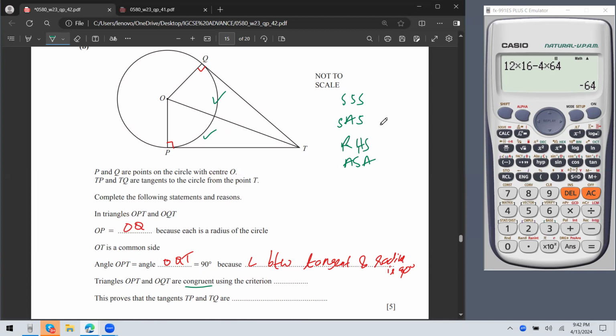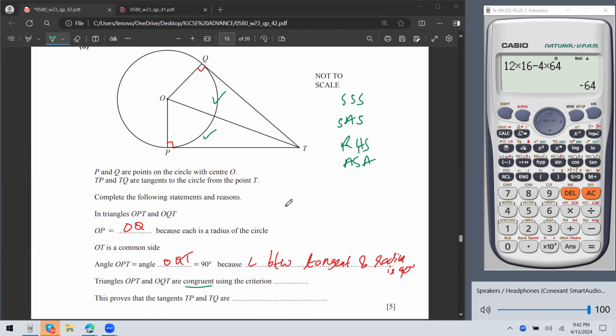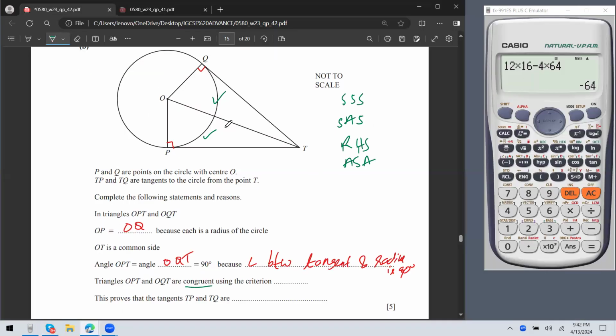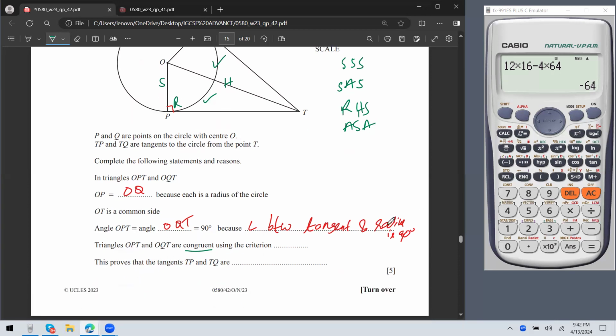RHS, fantastic. RHS, because this is right angle triangle. So R, H is common, hypotenuse common, and this can be the side. The radius can be the side. So this can be RHS.